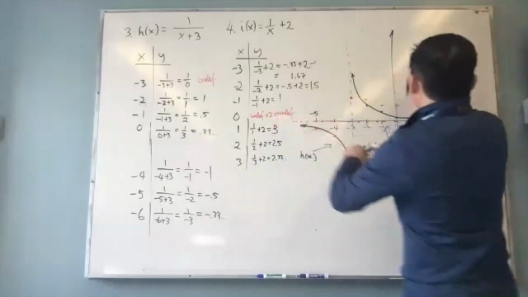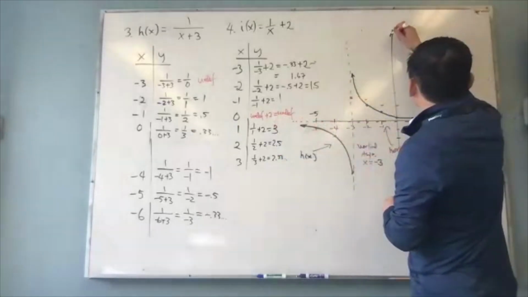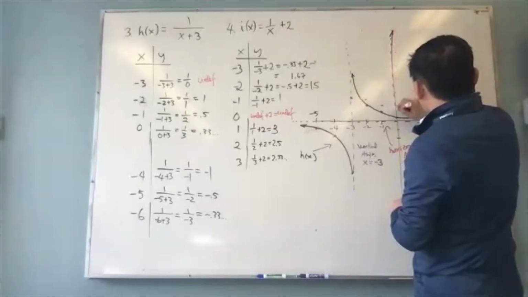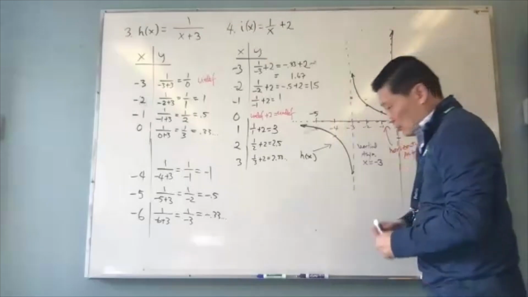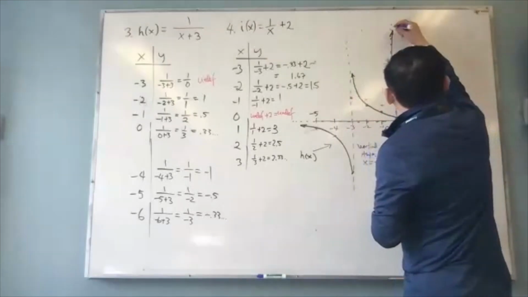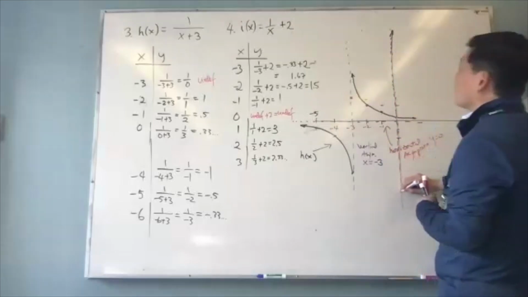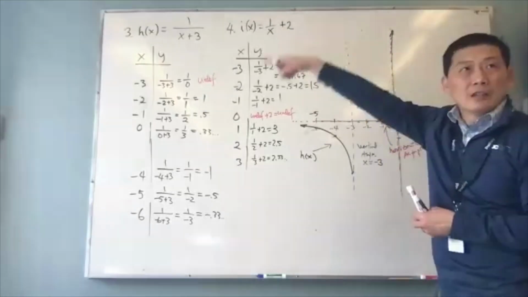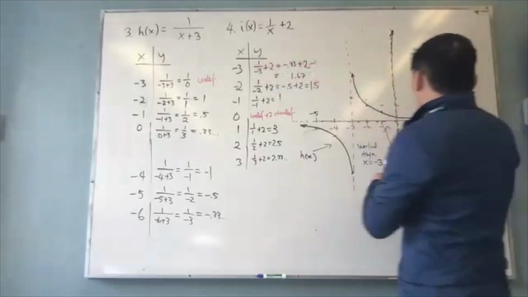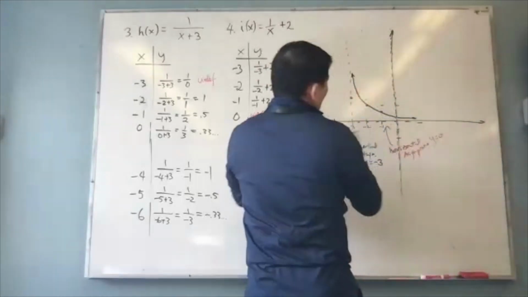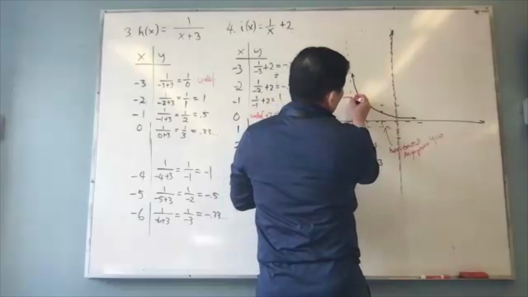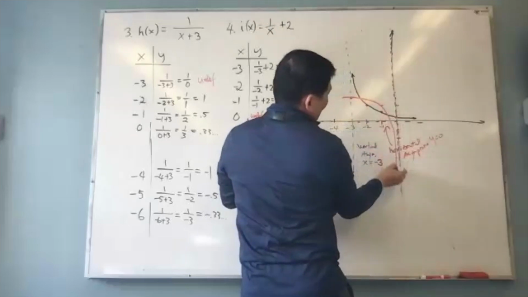And then 0 is undefined, so we will have a vertical asymptote this way. Or I should just stick with the purple. Vertical asymptote this way. This is a vertical asymptote for i, not for h, okay? So it seems like I have a graph that looks like this.